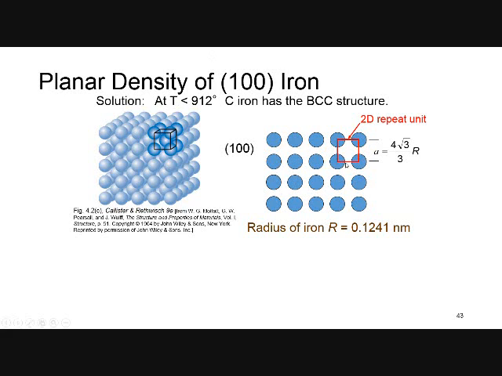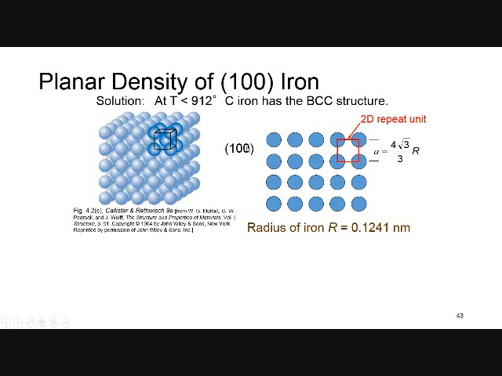Of course, for a cubic crystal structure, we end up with a planar shape that is square or rectangular, and we know the value of a for each side. If we know the value of R, we can find the value of a using this relation for BCC or a different relation for FCC.